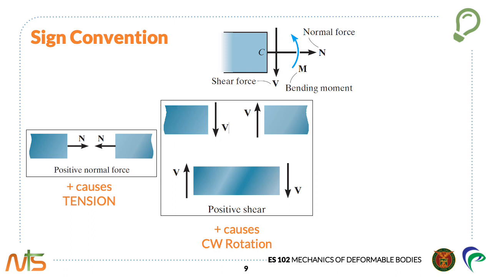Same as if we fix this side of the segment, the shear force going upward will also cause the segment to rotate clockwise. Now looking at this third scenario for the shear force, obviously these two shear forces will cause the segment to rotate clockwise. Therefore, the shear force in these three scenarios are said to be positive.